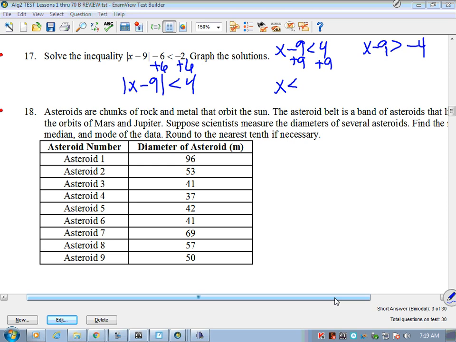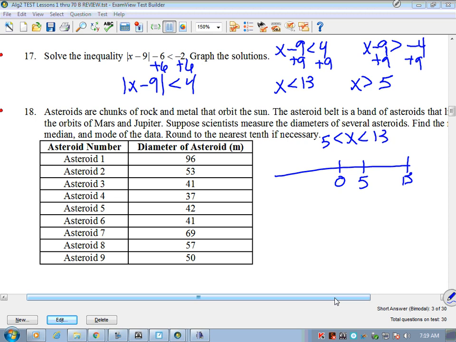X is less than 13. Add 9. X is greater than 5. Okay, so if this is 0, let's make this 5. Let's make this 13. Let's set this up so that we see X is greater than 5, less than 13. Both open circles. Goes right in between there.